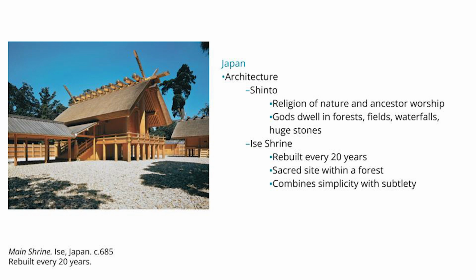And it is a sacred site within a forest, and its design combines simplicity with subtlety. So there's not a lot of flashiness here, which makes sense considering they're just going to have to build it again in another 20 years.